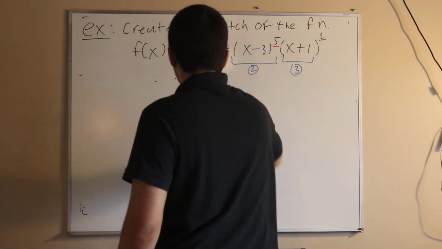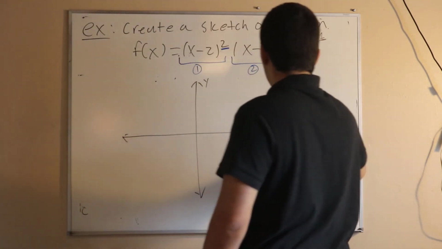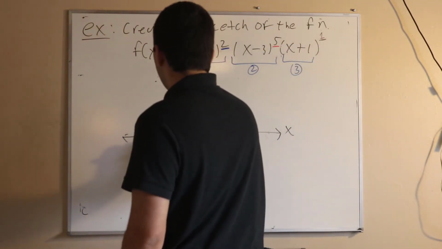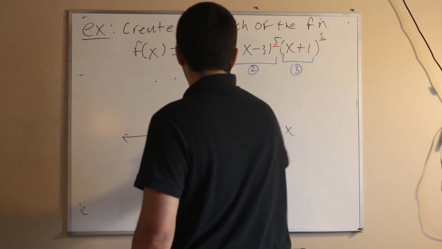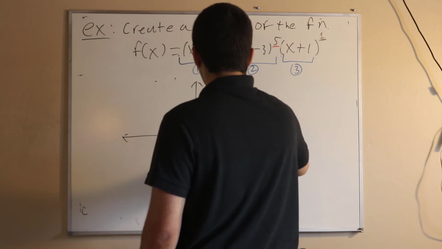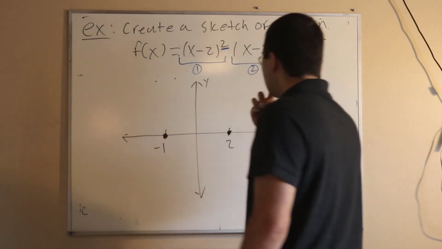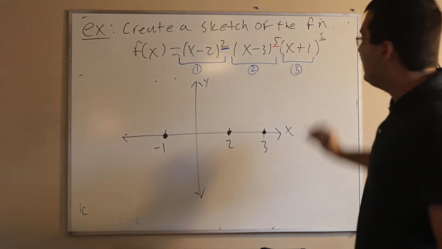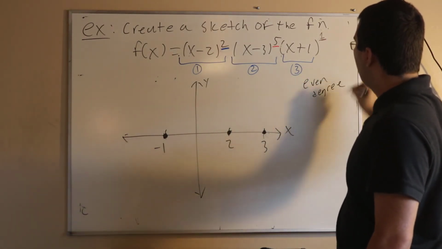So then to graph this, we understand we have zeros at the points (-1, 0), (2, 0), and (3, 0). In addition to that, we're even degree, right?